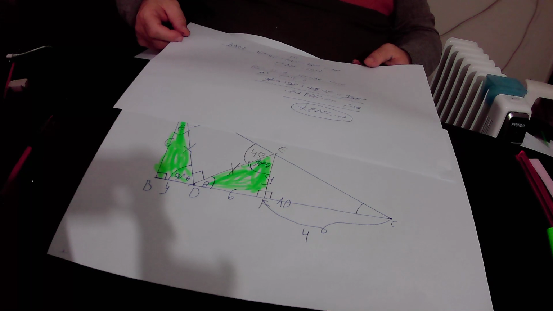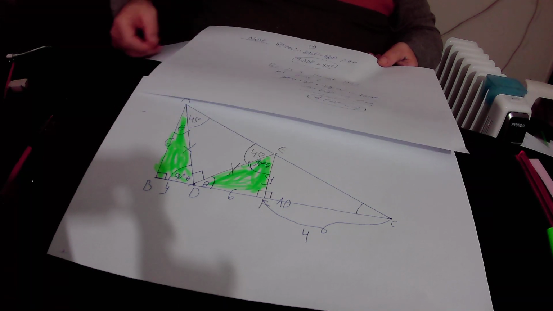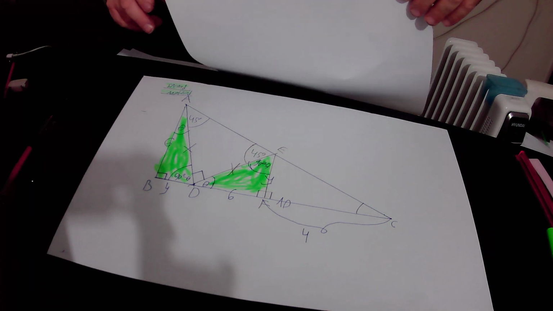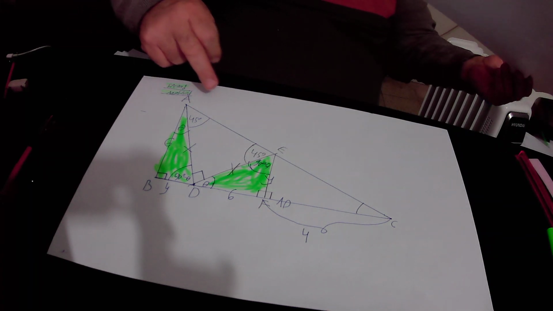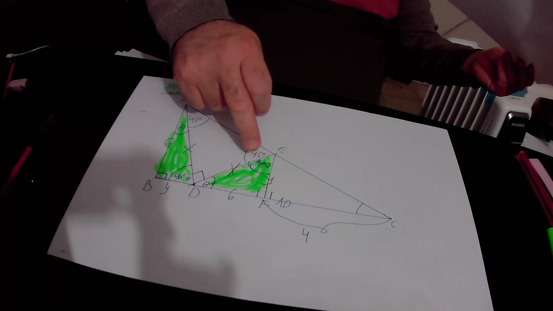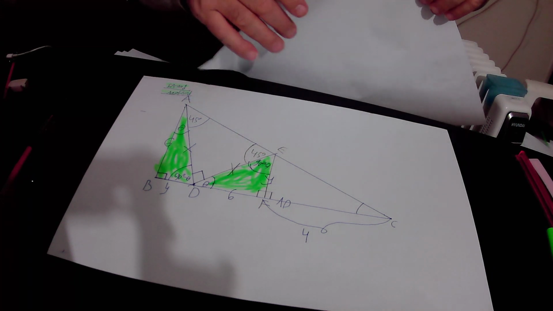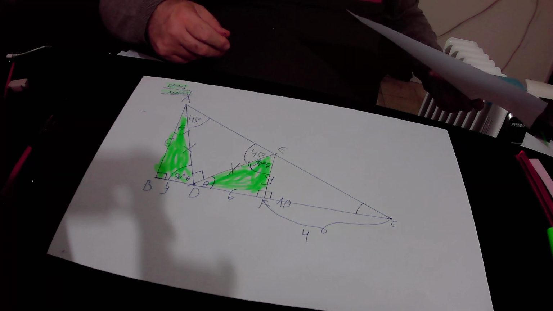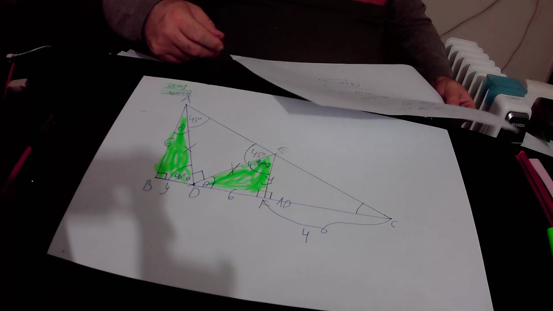Then in the right triangle ADE, we know that the sum of the angles must be equal to 180 degrees.